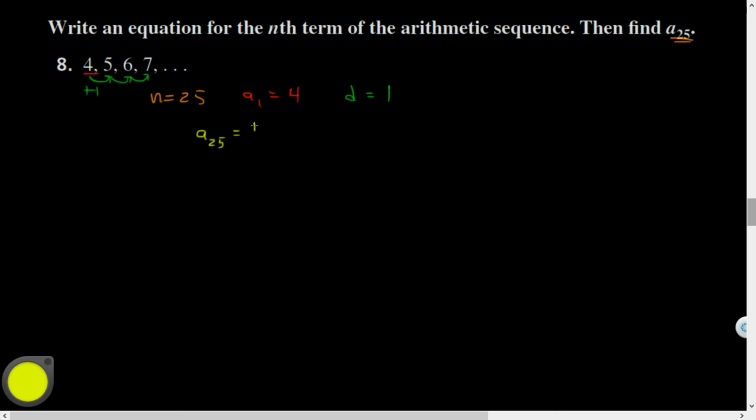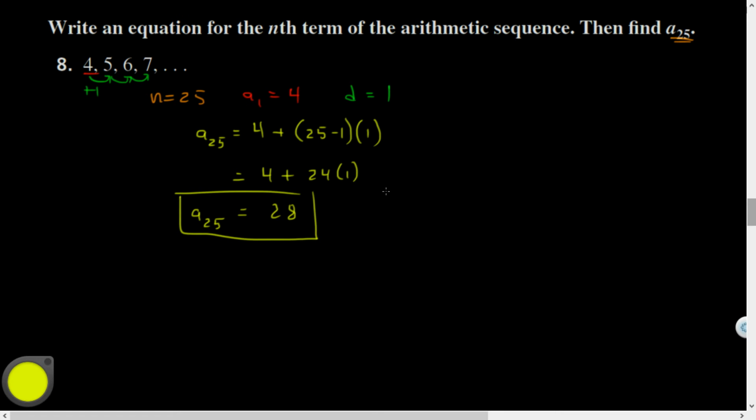I'm going to do 4 plus n minus 1 multiplied by d. And so I'll have 4 plus 25 minus 1 is 24 times 1. That's just 4 plus 24. That's 28. And so the 25th term in this list is 28. Not that bad, right?